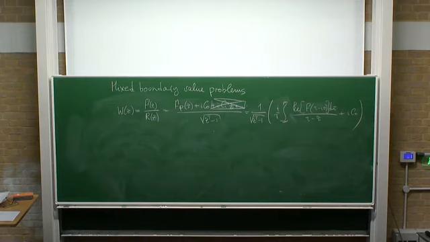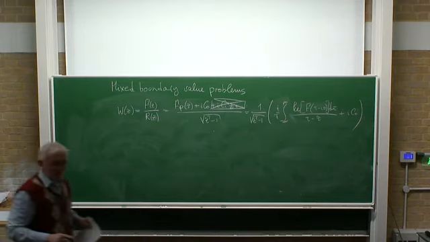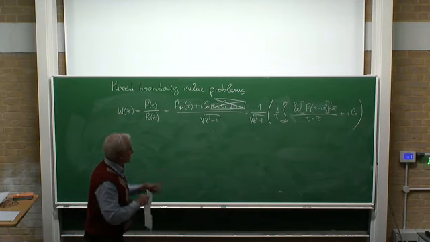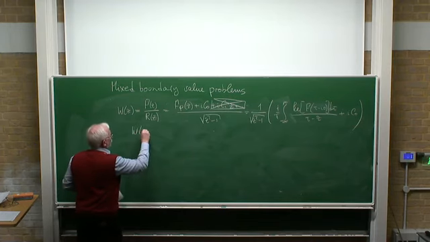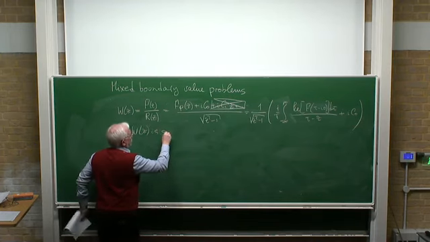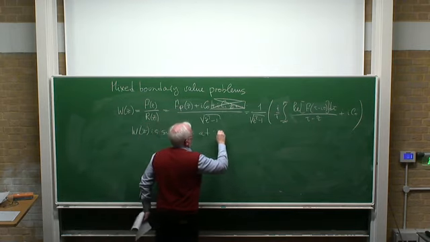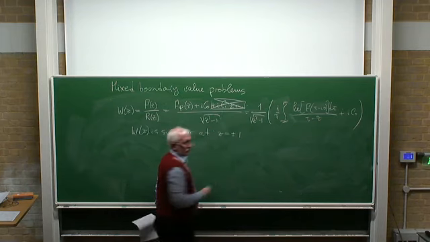So, in general, the general solution is not unique. We can find the solution, and it's not unique and singular. W of z is singular at z equal to plus and minus 1.